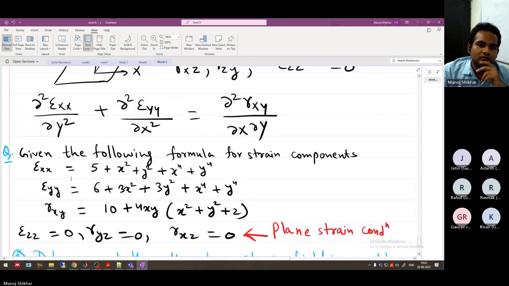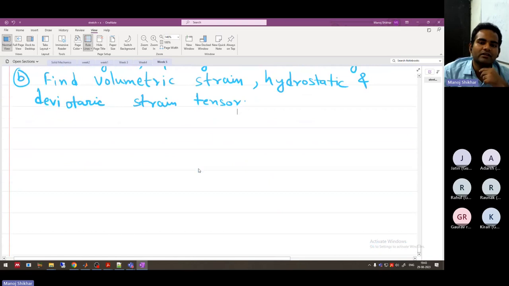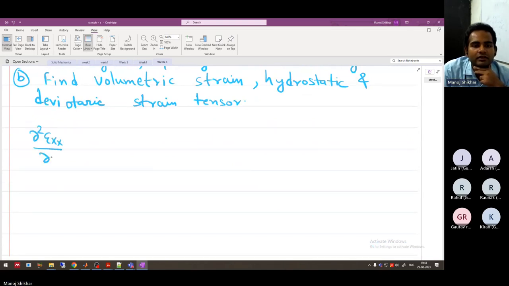Now you have given epsilon xx. You have to use del 2 epsilon xx by del y square. If you differentiate epsilon xx with respect to y twice, these terms will be 0. Only the contribution will come from y square and y to the power 4. So del 2 epsilon xx by del y square will be what?